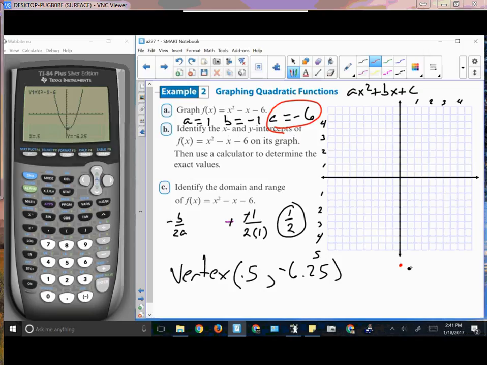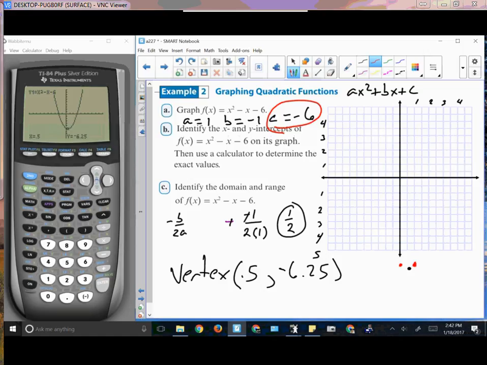If I go another 0.25 right about here, I am going to have another point. Why do I know this? Do I know what shape this thing has? I know it comes down and goes back up. Now, I've got 3 points very quickly. Very little calculating.